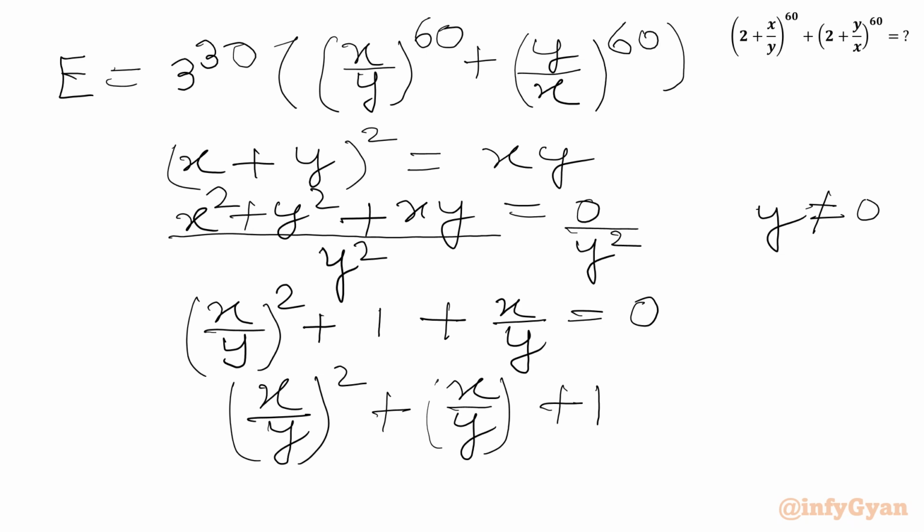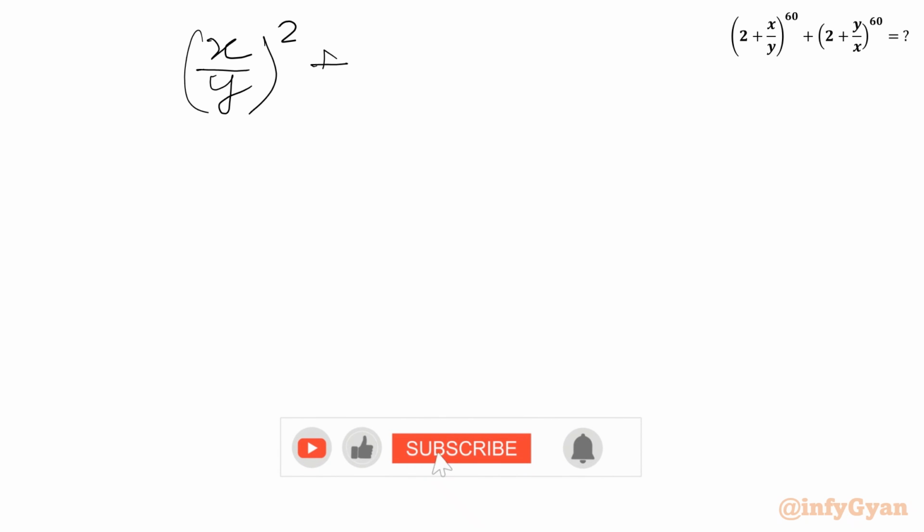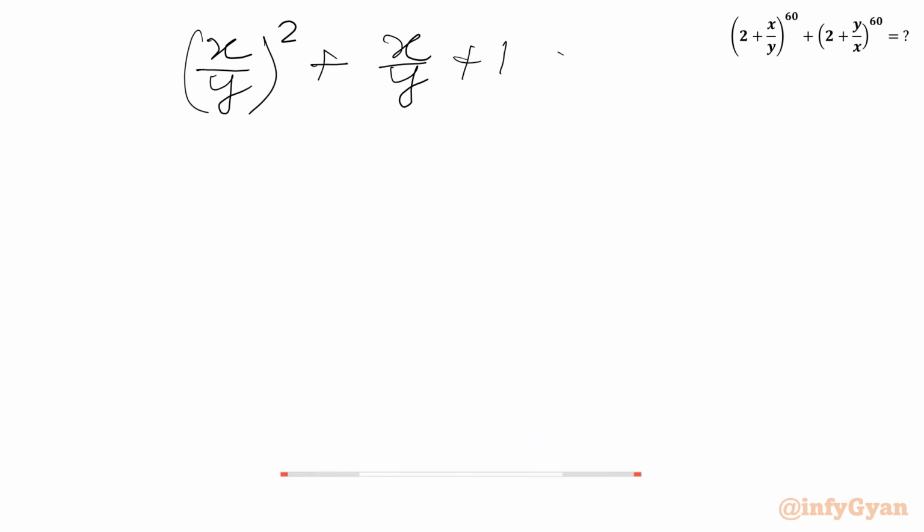plus 1. This is one quadratic equation in x over y. So we will apply quadratic formula and get the value of x over y directly. So I will write here (x/y)² + x/y + 1 = 0. Let me write here the value of x over y will be equal to minus b, so minus 1.